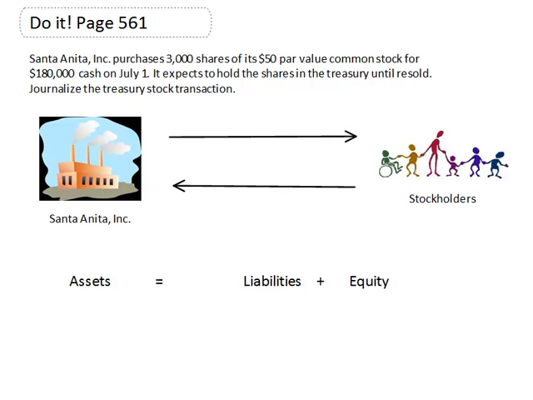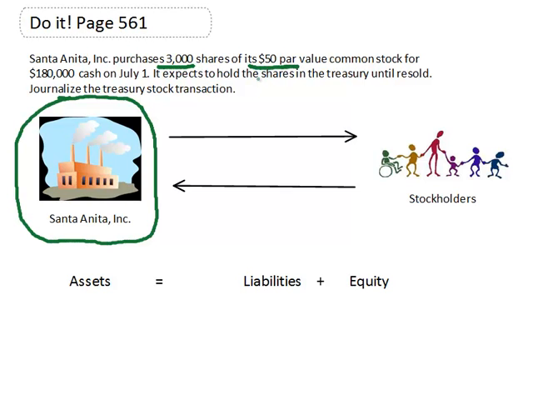If we look at the problem, what this problem is saying is that we have some company over here named Santa Anita Incorporated. They're a corporation, and they are going to purchase 3,000 shares of their stock, which has a $50 par value, and they're going to pay $180,000 cash on July 1st.